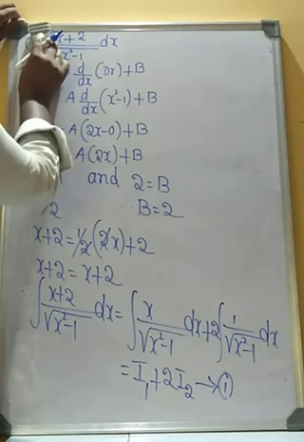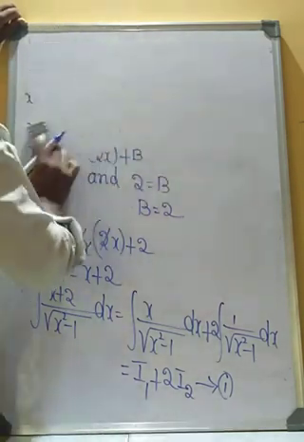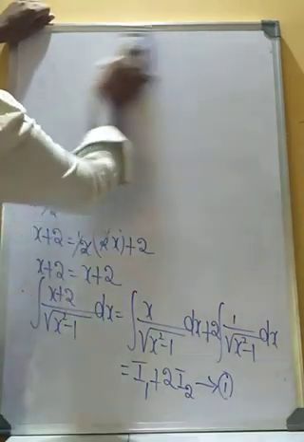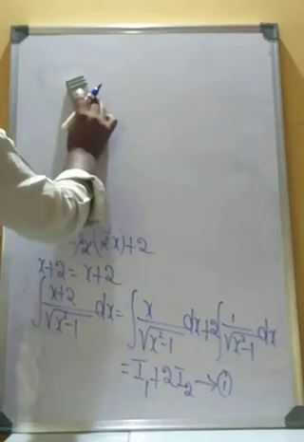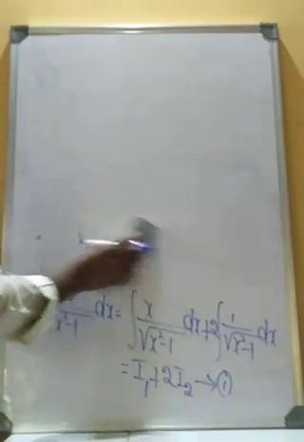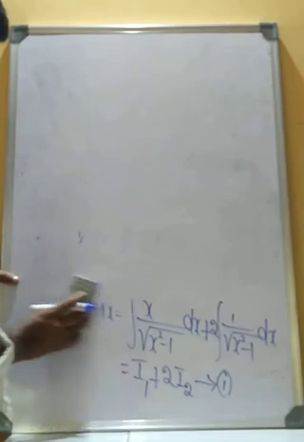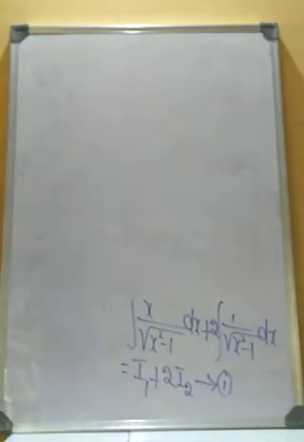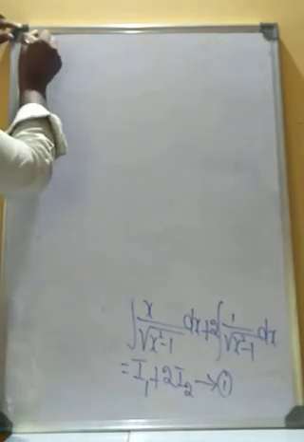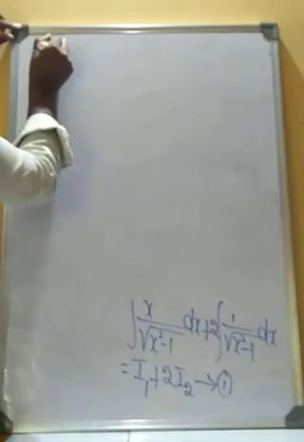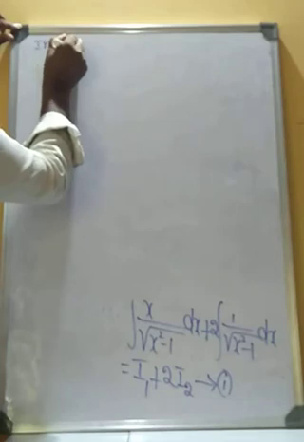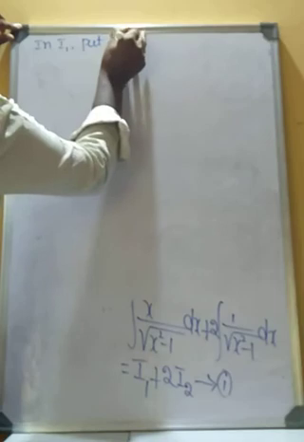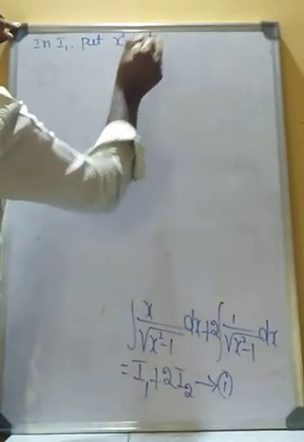The next, in I1, in the first integral term, put x square minus 1 equal to t.